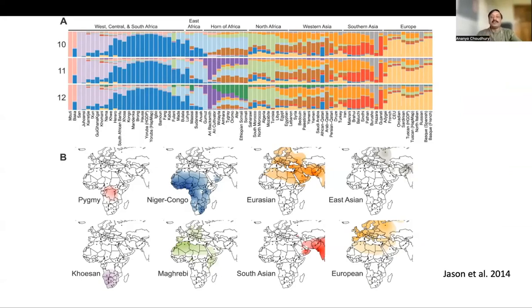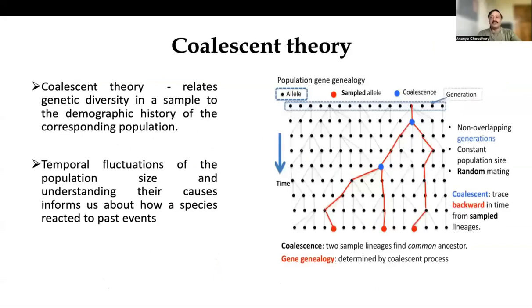So finally, let me introduce the third major set of tools in the population genetic analysis toolkit. These tools are based on coalescent theory and model genetic diversity in a sample to the demographic history of the corresponding population. The idea here is to consider all pathways of inheritance through which sampled copies of homologous DNA elements are traced back to a single ancestral copy, known as the most recent common ancestor.